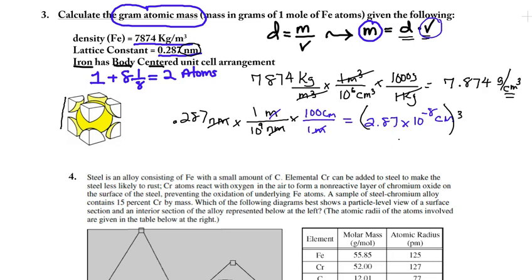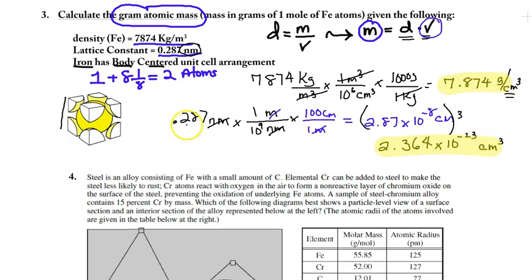So 2.87 cubed gives me 2.364 times 10 to the negative 23 centimeters cubed volume.